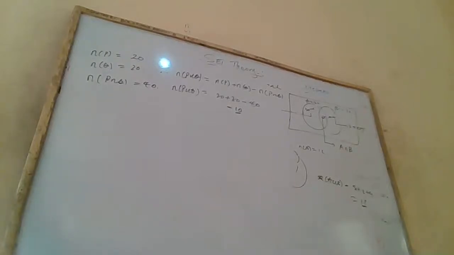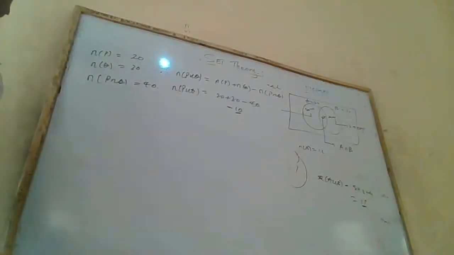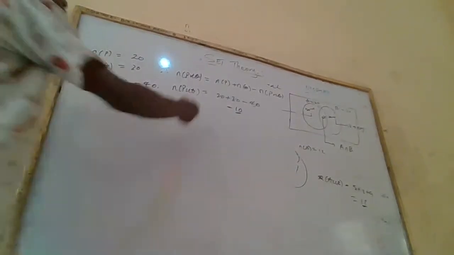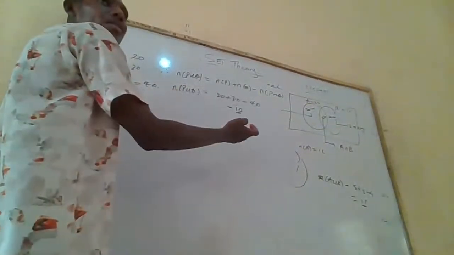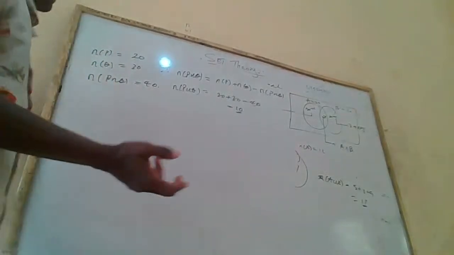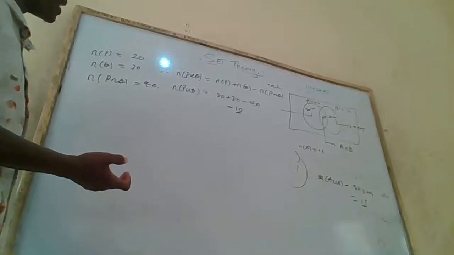N of p intersection q is 40. 20 plus 30 is what? 50 minus 40. Okay, can I be 10?